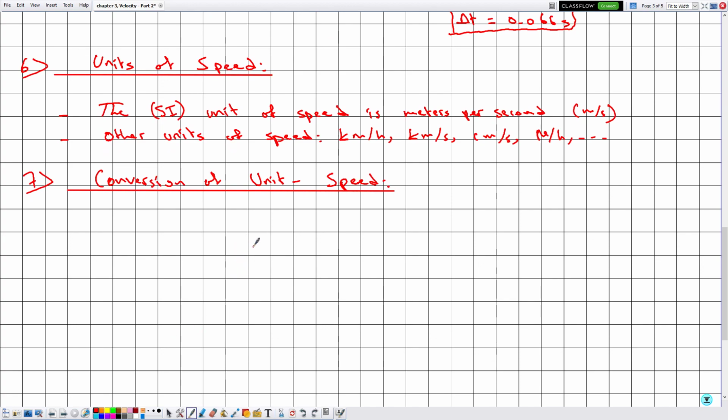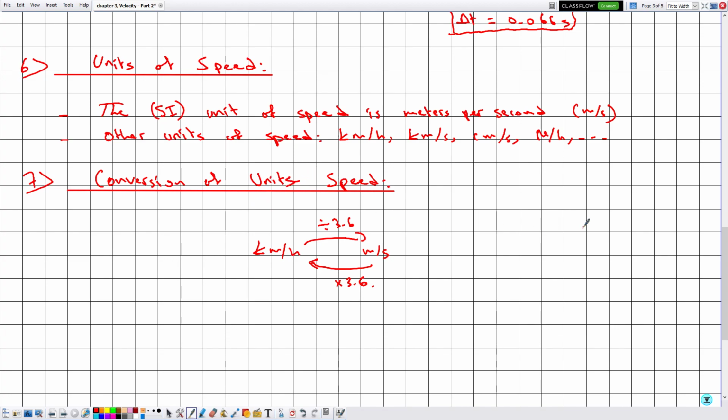In order to convert from kilometer per hour to meter per second, we simply divide by 3.6, knowing that the meter per second is the SI unit of speed. And in order to convert back from meters per second to kilometer per hour, we multiply by 3.6. So this is it for the conversion of units of speed.